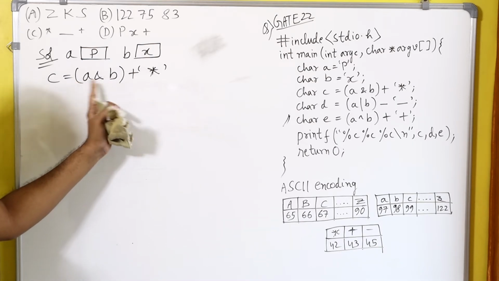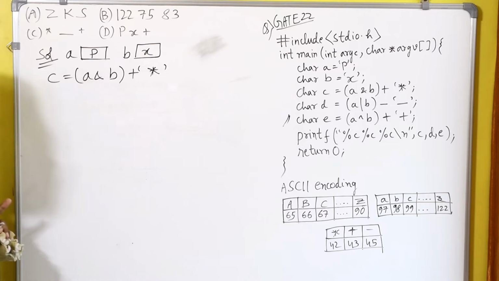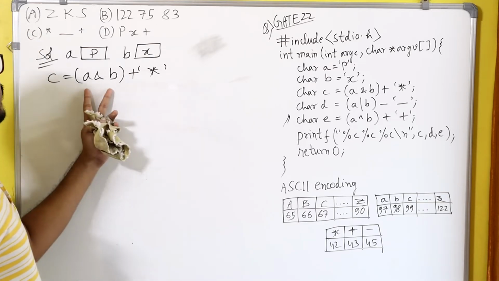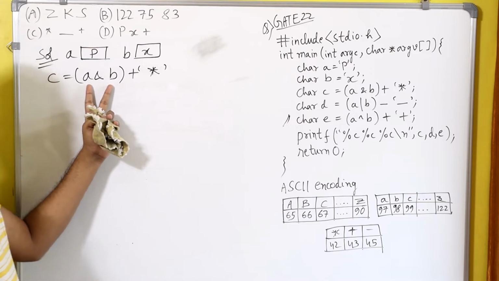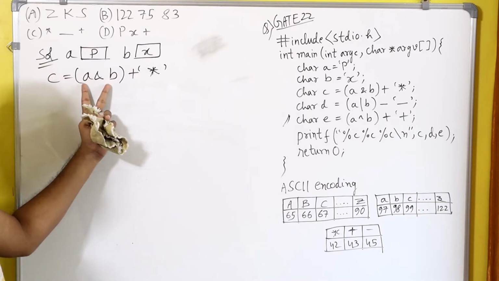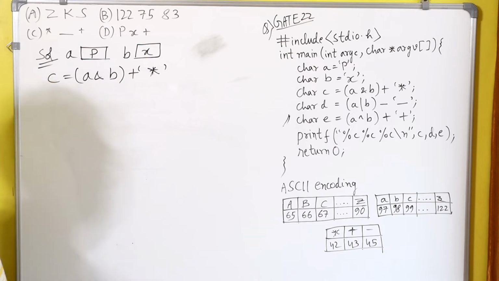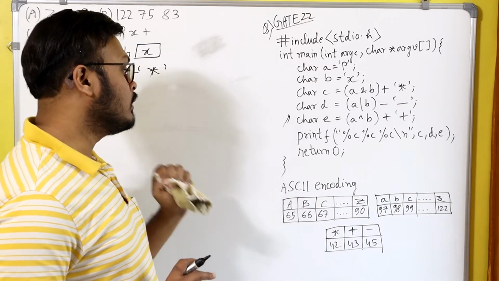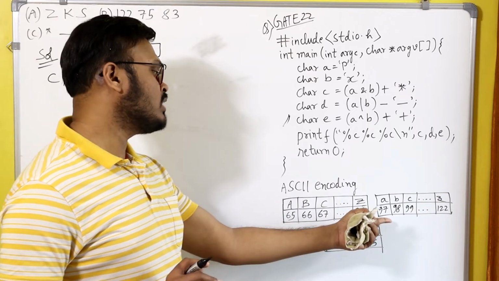These are variables. Just be careful with this part because I think lots of students might have made this blunder. They thought small a is a character, small b is a character. No, a and b are variables which hold the character. So I tell you what mistake the students might have made.